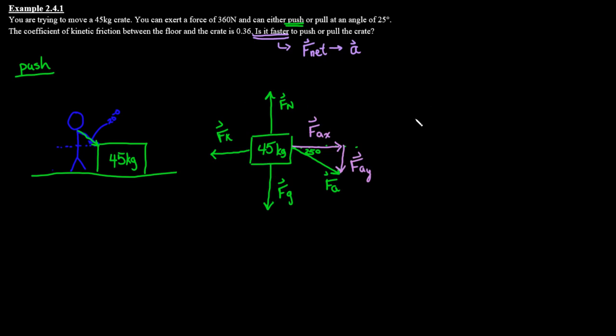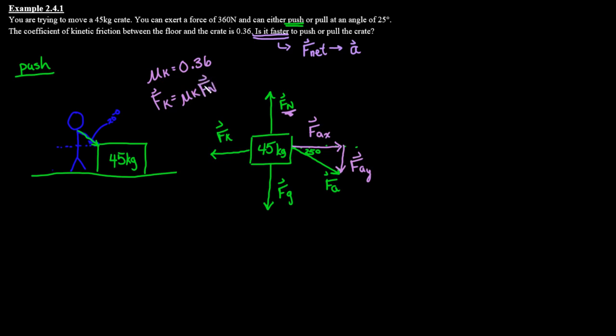Okay, so the big thing that we're going to have to solve for in the Y direction is Fn. Because if you remember, all they've given us here is the coefficient of kinetic friction, which is 0.36, and in order to actually be able to solve for what that force of kinetic friction is, remember, Fk is equal to mu k times Fn.